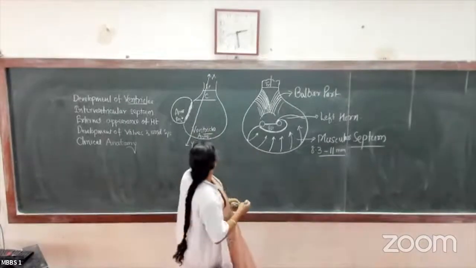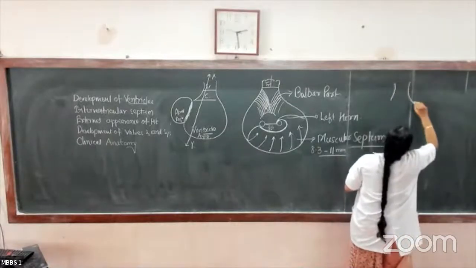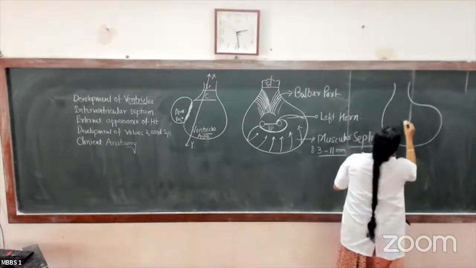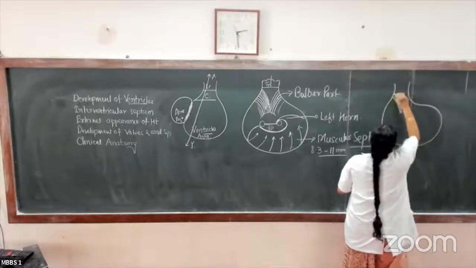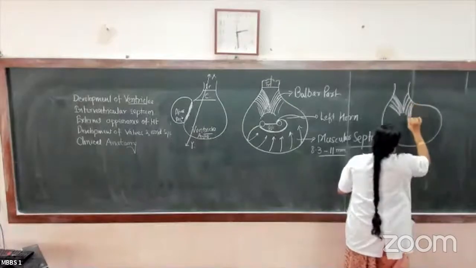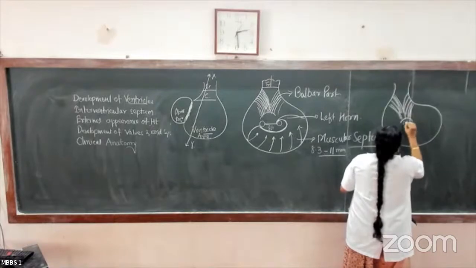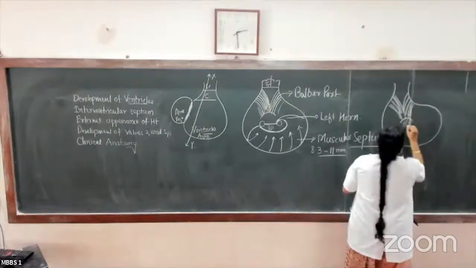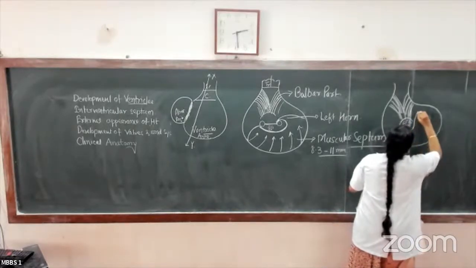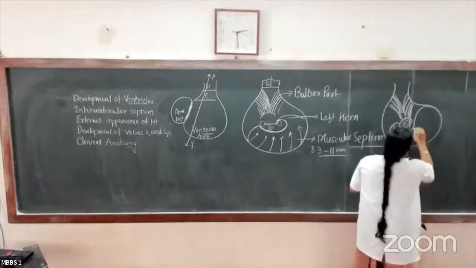So the next figure where this septum is formed is like this. The bulbar septum is coming from above. Then there is the AV cushion, which gives proliferation of cells, and this septum is the muscular part.